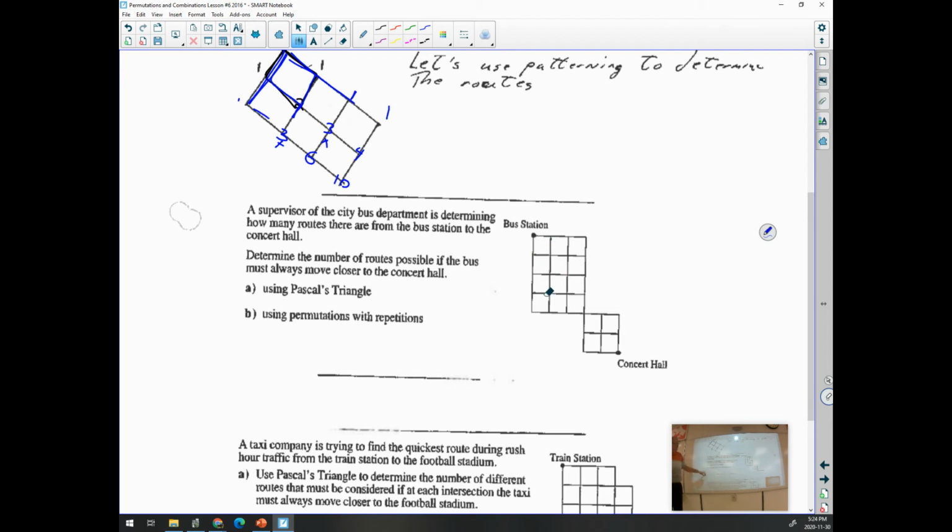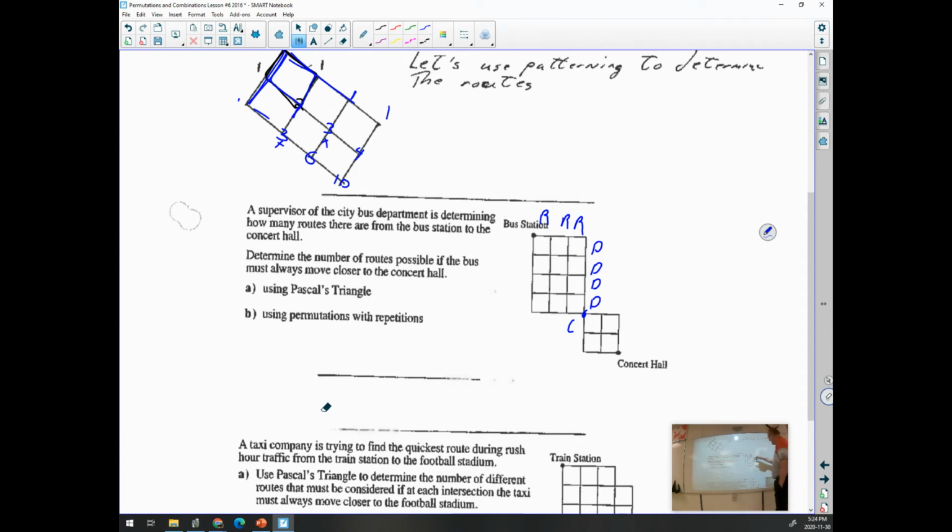I'm going to do this one with arrangements with repetition first, and then I'm going to do it with Pascal's triangle. We go right, right, right, down, down, down, down. We have to get to point C. So we have two steps.